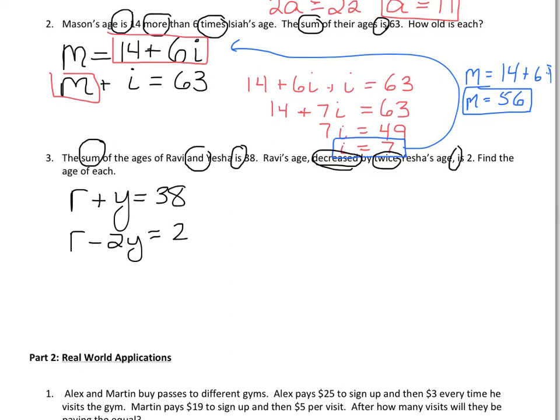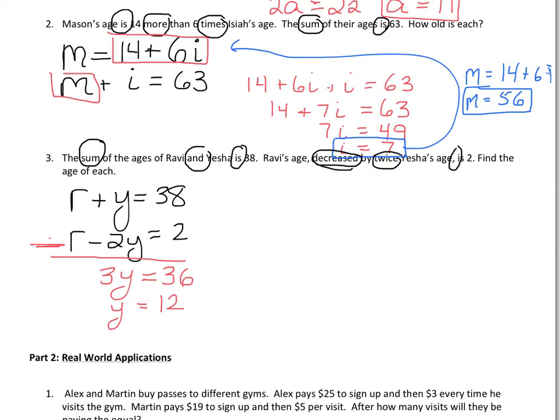So this is set up right away to do elimination if I was to subtract the equations. So Y minus negative 2Y is 3Y, and 38 minus 2 is 36. If you divide by 3, you get 12.